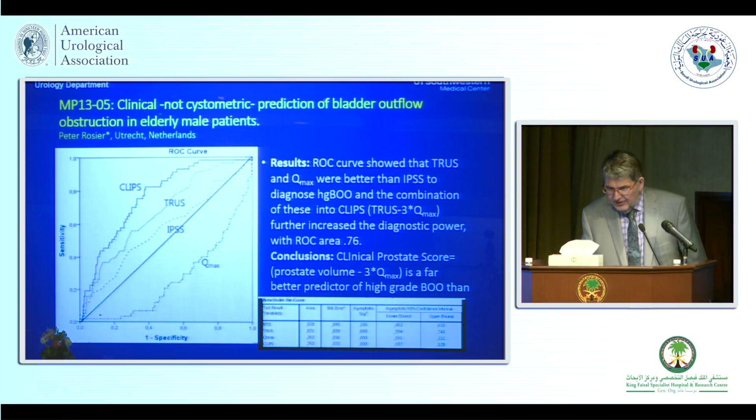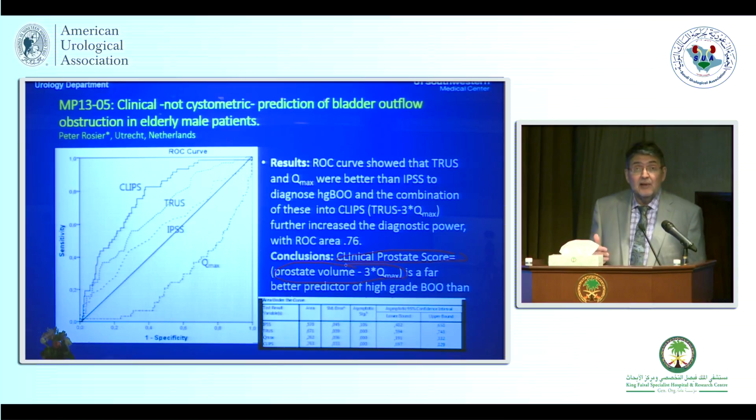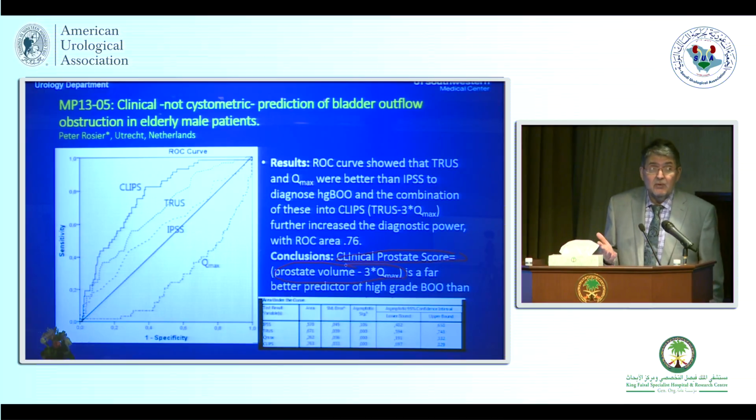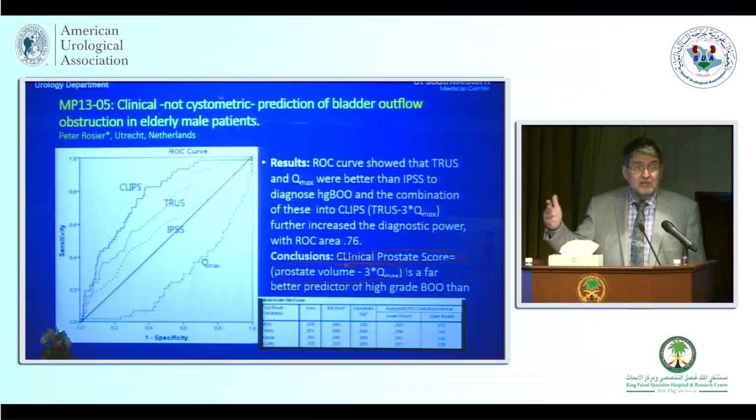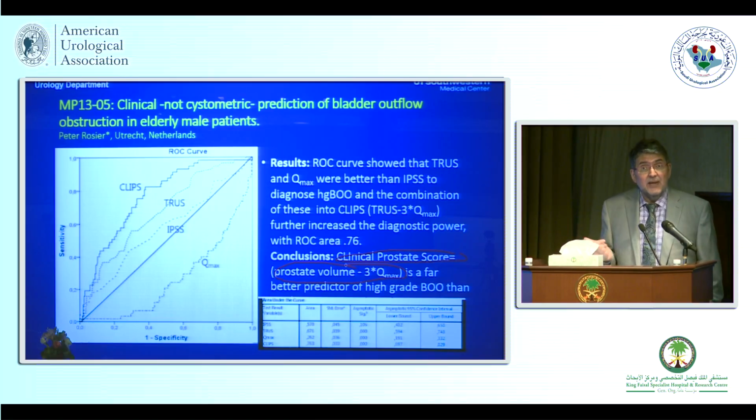And he also measured an index that he called CLIPS, and CLIPS is his clinical prostate score. It's prostate volume minus 3 times Q max. So if you have a prostate volume of 75 grams, pretty large, and your flow rate is only 5, so 3 times 5 is 15, 75 minus 15 is 60. So that would be that number.